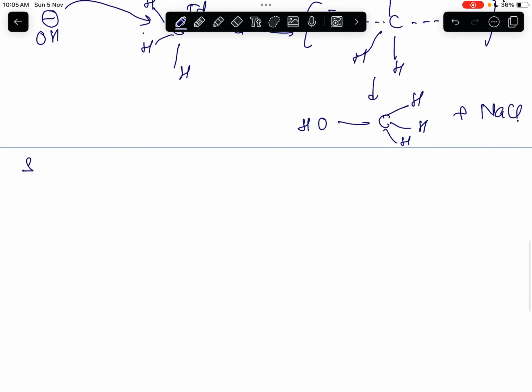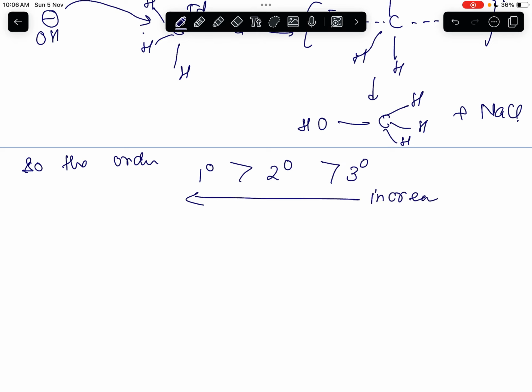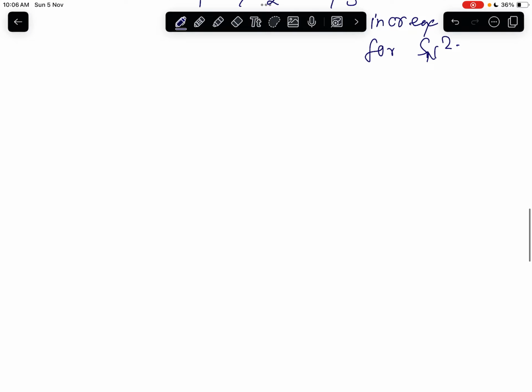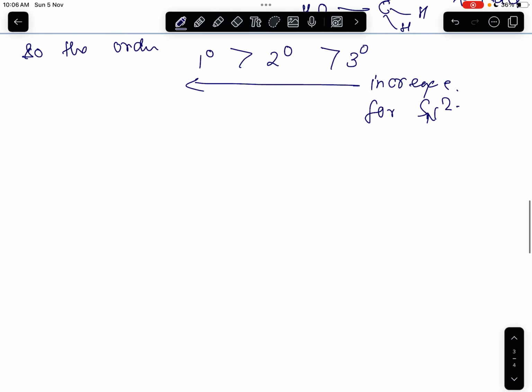So the order for SN2 will be 1 degree, 2 degree, 3 degree in this manner.